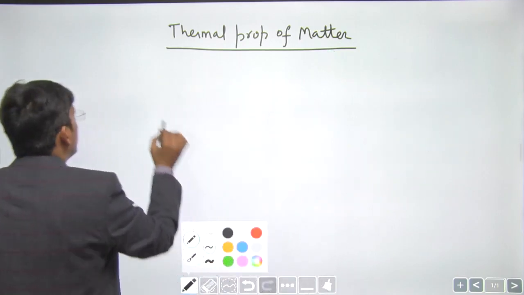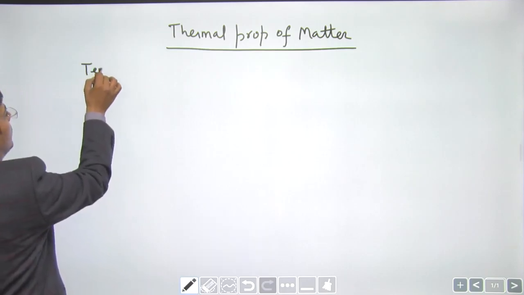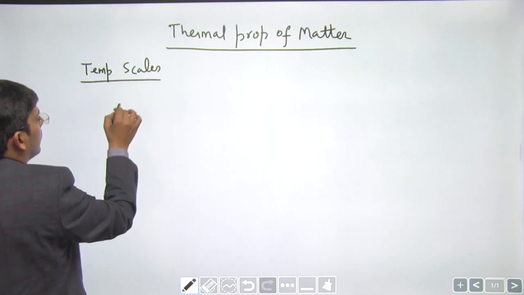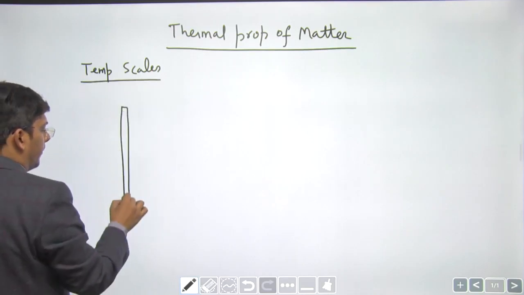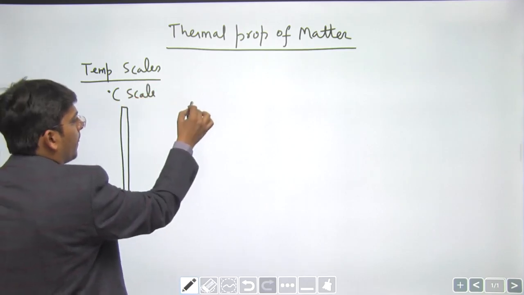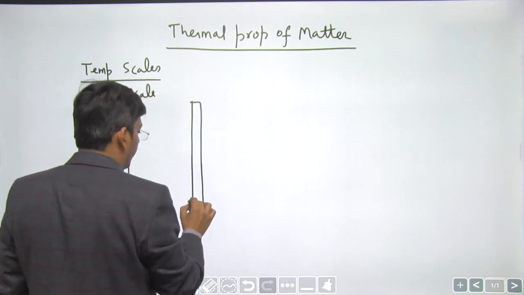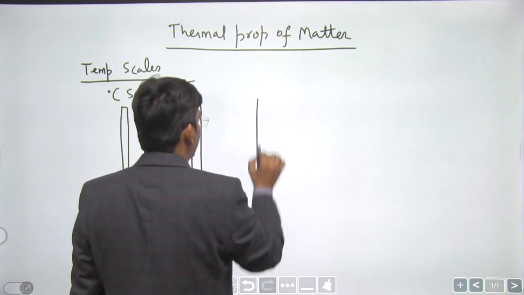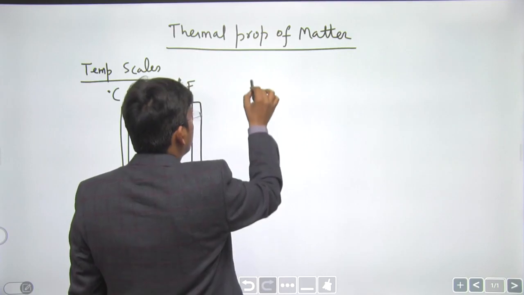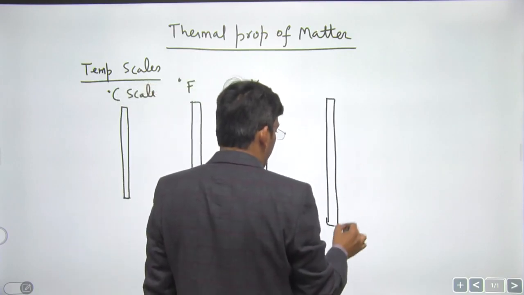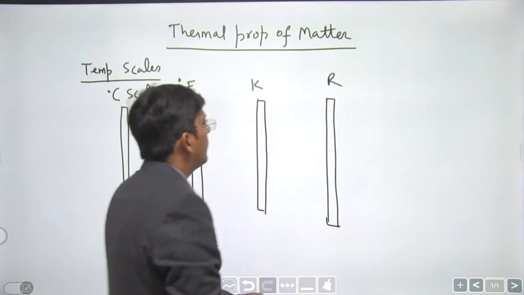So we have some temperature scales now. Degree Celsius scale, degree Fahrenheit scale, Kelvin scale, Reamur scale.